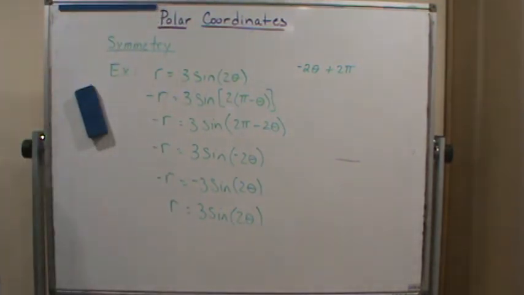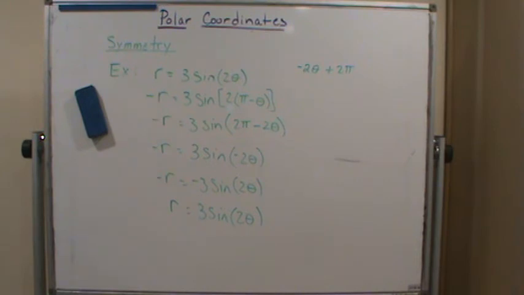And so we get right back where we started from. So what does that tell us? This demonstrates that the graph is symmetric with respect to the polar axis.